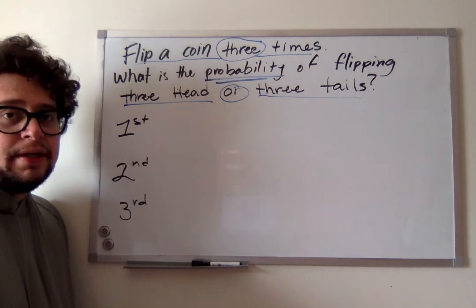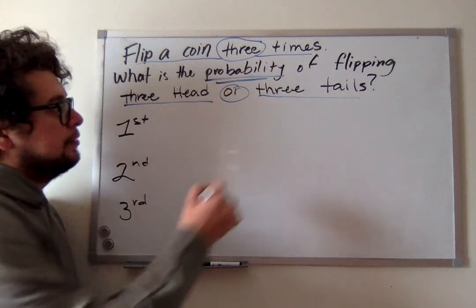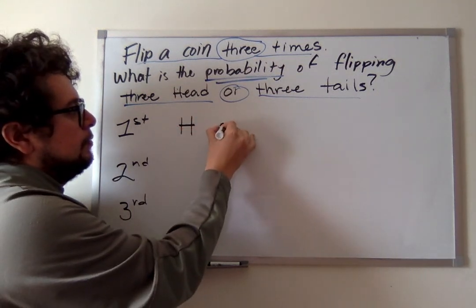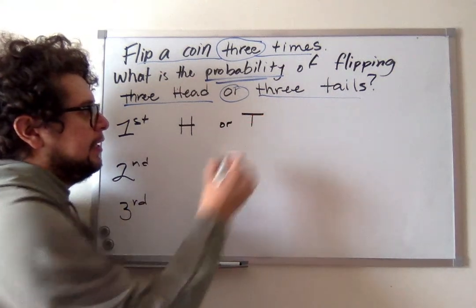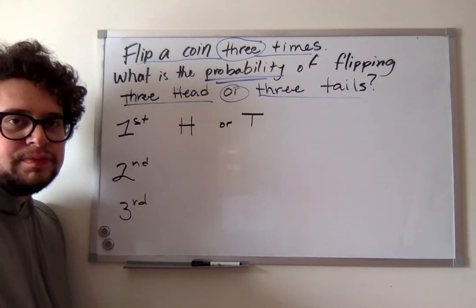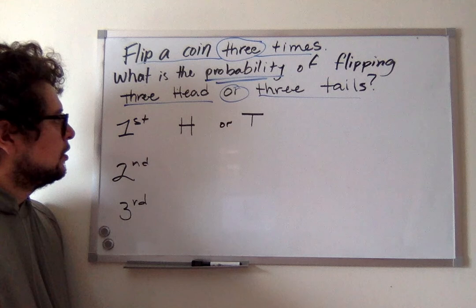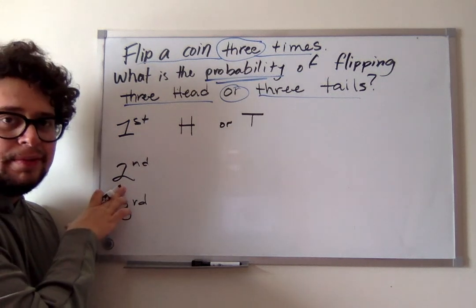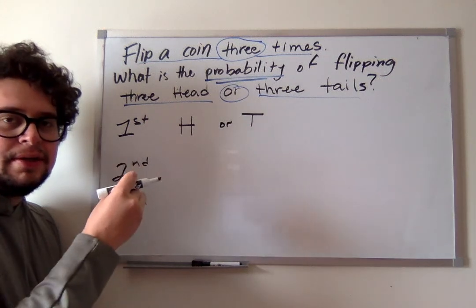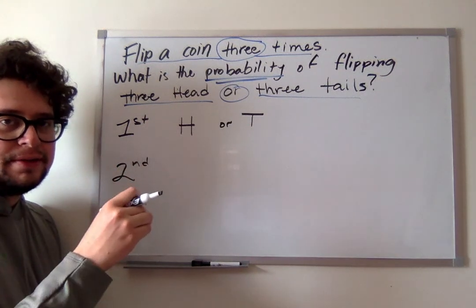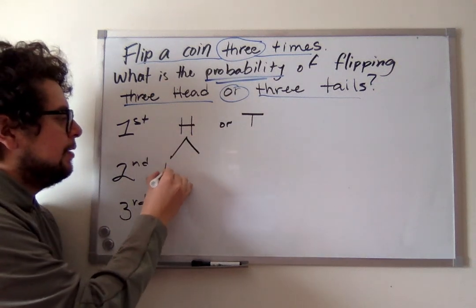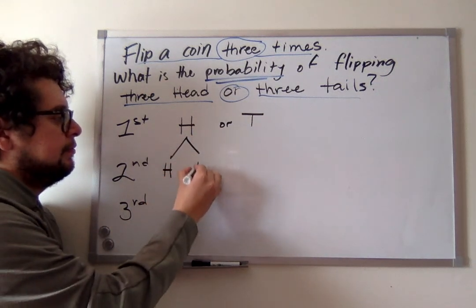Okay. And remember, when we flip a coin, we get heads or tails. Okay? When I flip it a second time, I have the same outcomes, heads or tails. But I'm going to split it up with my prior events.